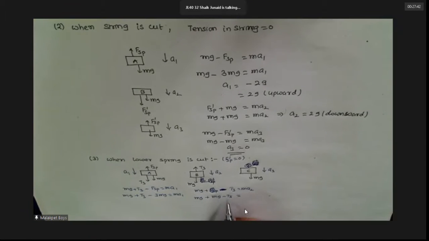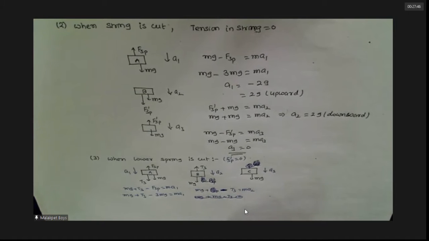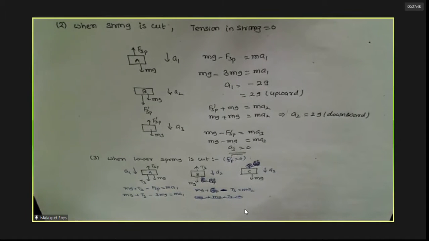Sir, you said that when a spring is cut, forces won't change immediately. The spring force cannot change instantaneously, I told. But when the spring is cut, the spring itself is non-existing. Where will the force come from? I am cutting this from the system.